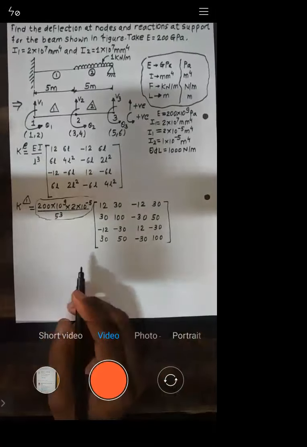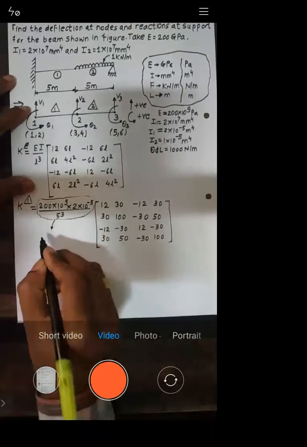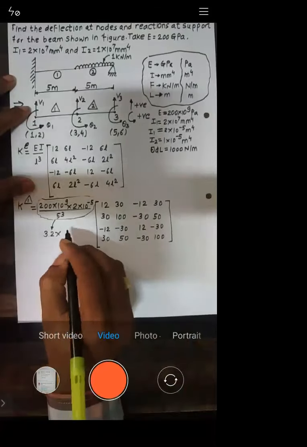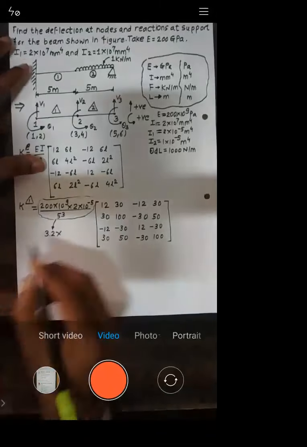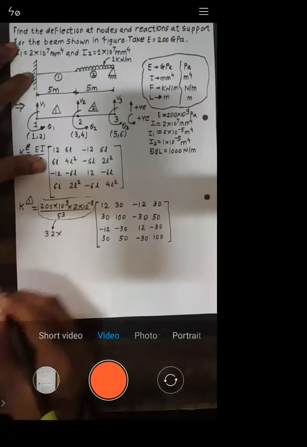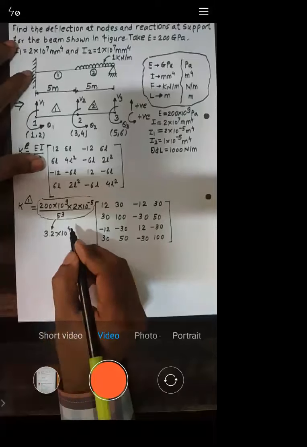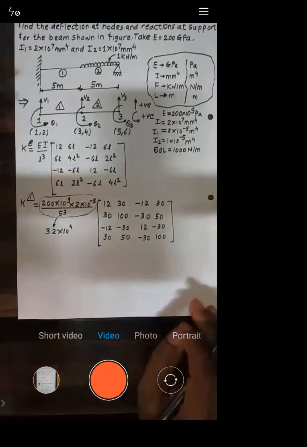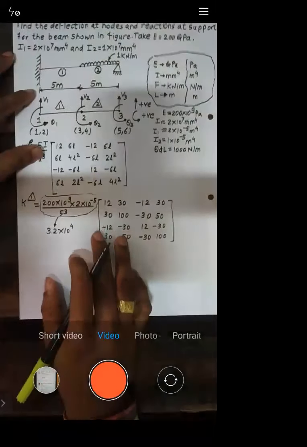So can we make it like 3.2 into 10 raised to power how much? 10 raised to power 4. That is the reason I'm asking: it's not 3,200, it's 32,000. That's why it is 3.2 into 10 raised to power 4.